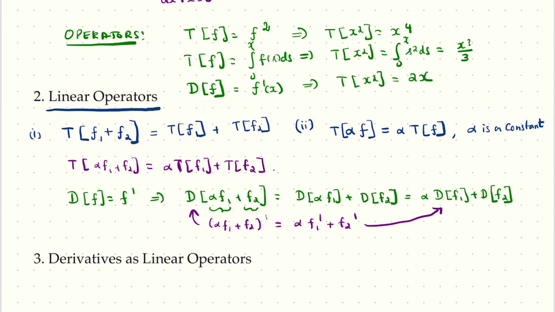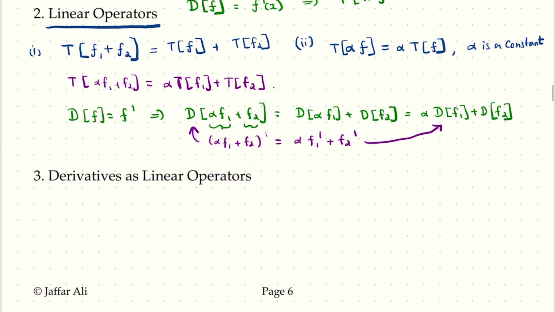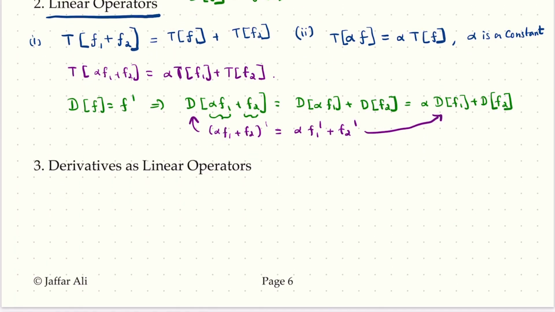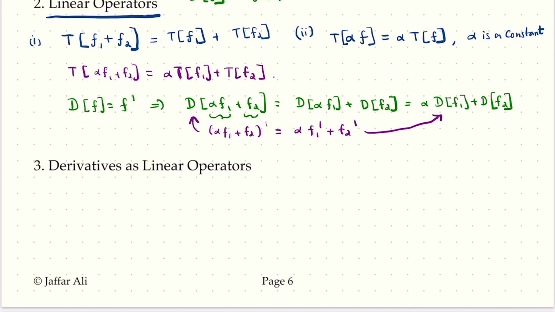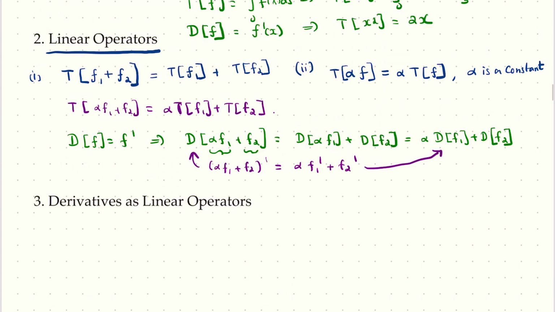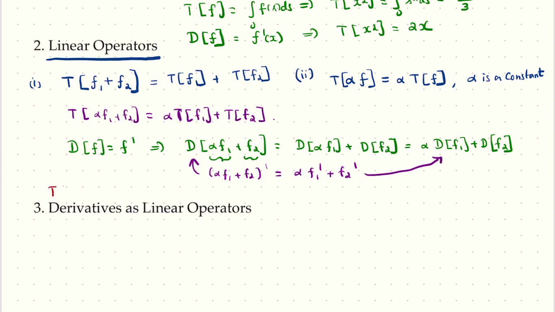For example, let me use a different color. If you take a look at that operator, we call it T of f, as f squared. If I say T of alpha, or 2 times x squared, if it's a linear operator, you should have 2 times T of x squared.